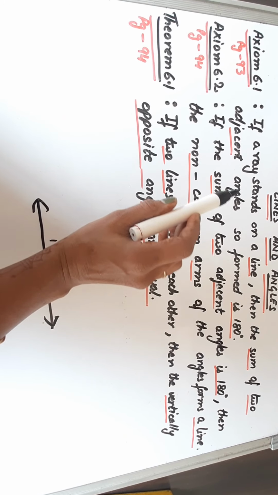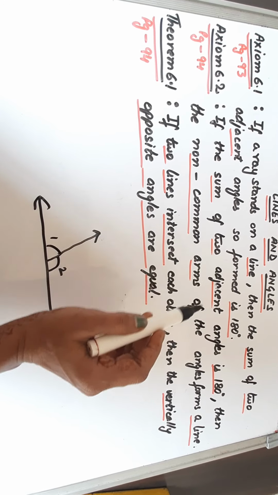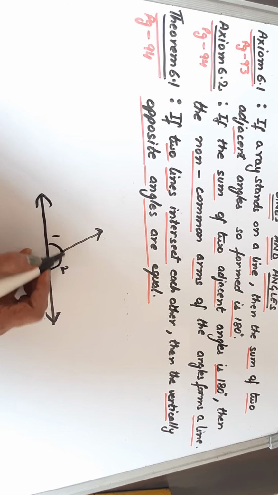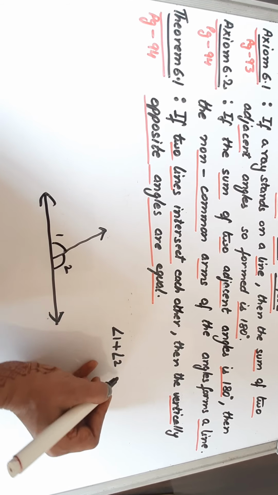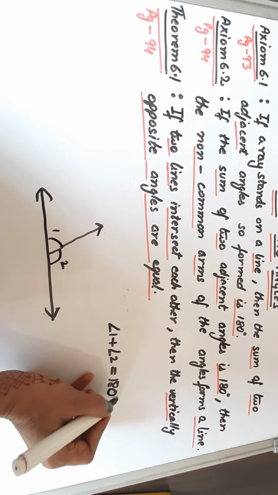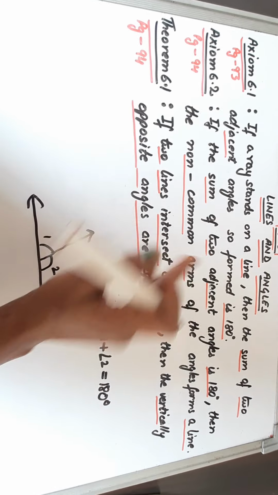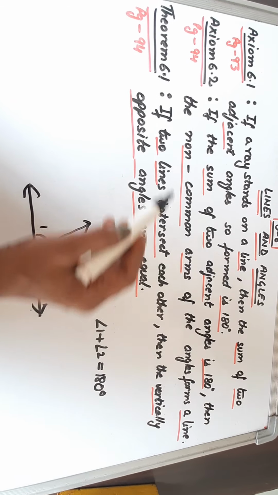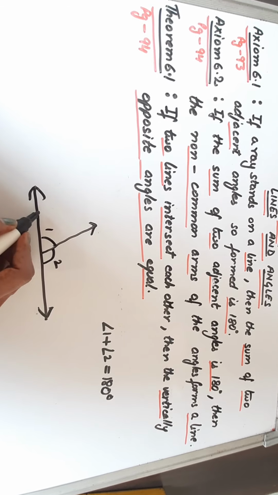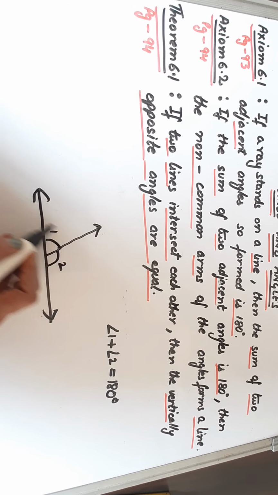So what they are saying is that if the sum of two adjacent angles, now what is given to us, it is given to us that the sum of both is 180 degrees. If means given, it is given to us. If the sum of two adjacent angles is 180 degrees, then the non-common arms, which arm is non-common? This is the common arm.